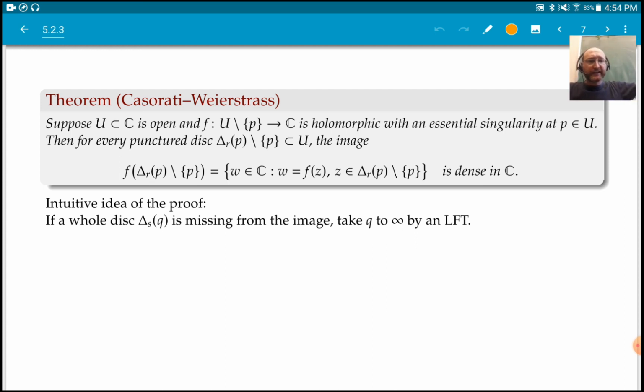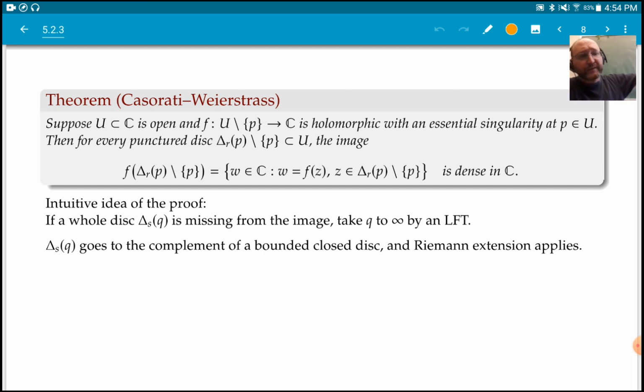And so after composing with this LFT, we get a function which maps into a disk, so a function which is bounded, and so the Riemann extension applies, right? We can extend through the singularity, and that's going to basically mean that it's either going to be a pole or it's going to be a removable singularity, but it cannot be essential.